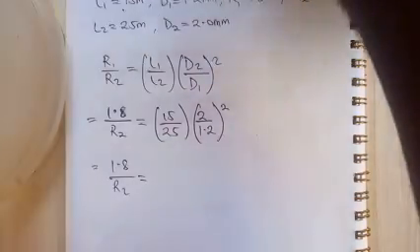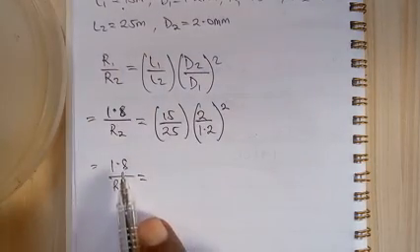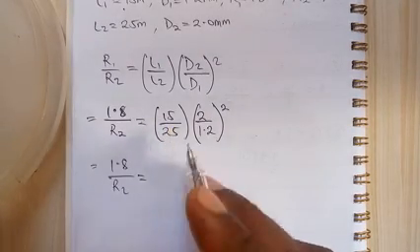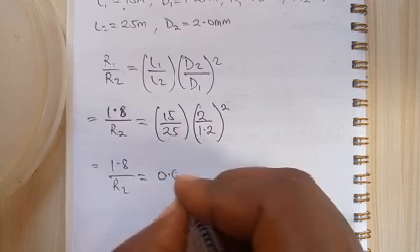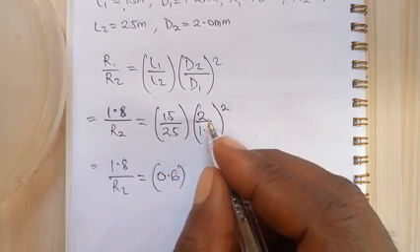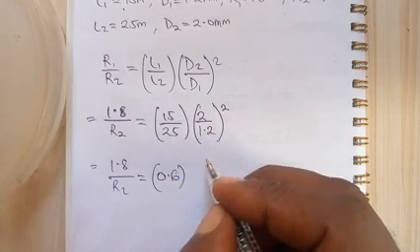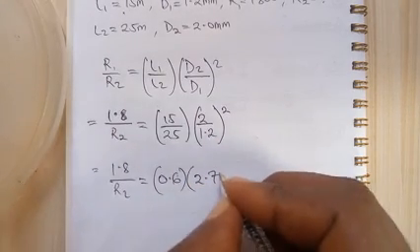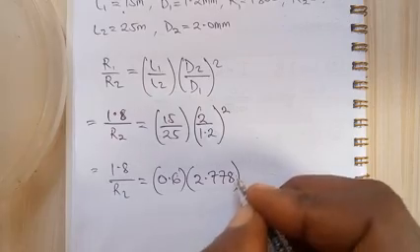if we divide 15 and 25, we will have 0.6 times, this squared is 4, and this squared is 1.44, and if we divide both, we're going to have 2.778.